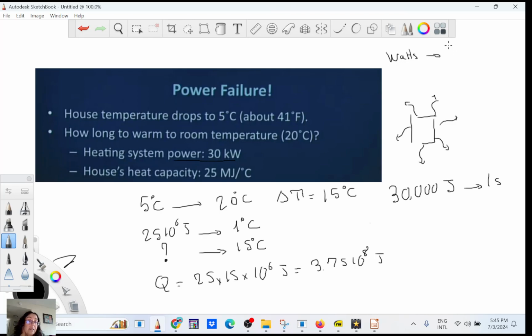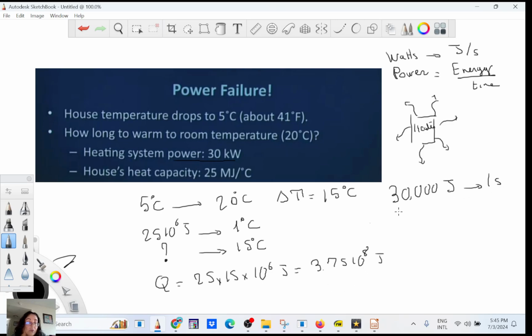And it's really joules per second. So it means energy divided by the time. That will be power. So it means that the heating system can produce 30,000 joules in 1 second.